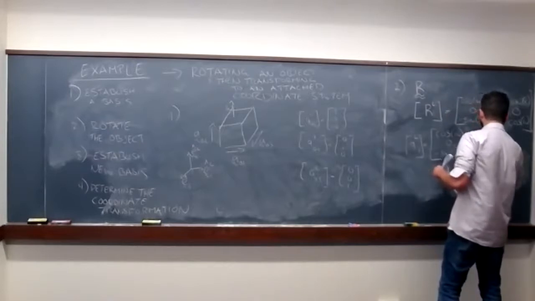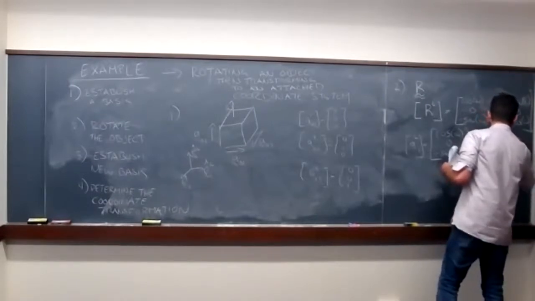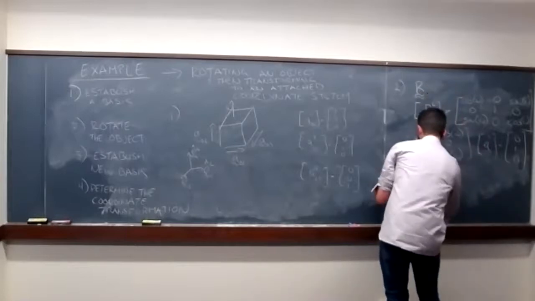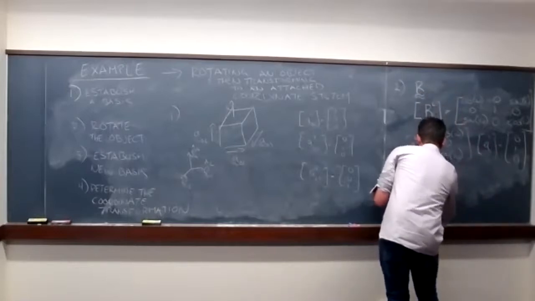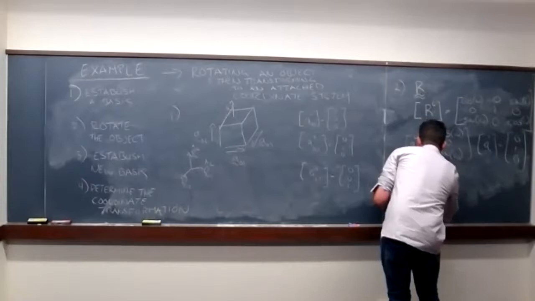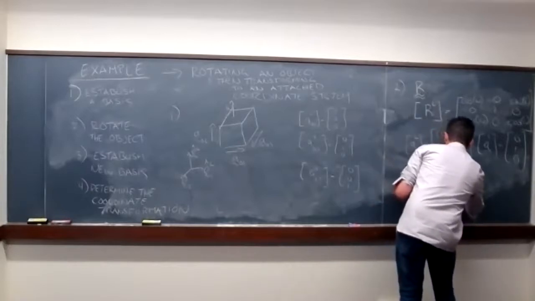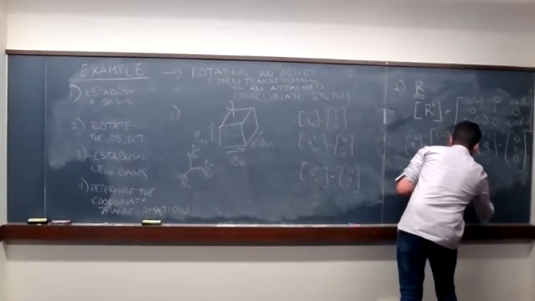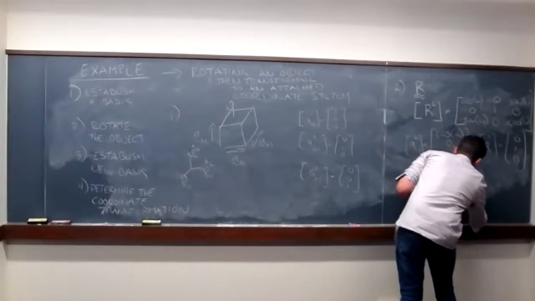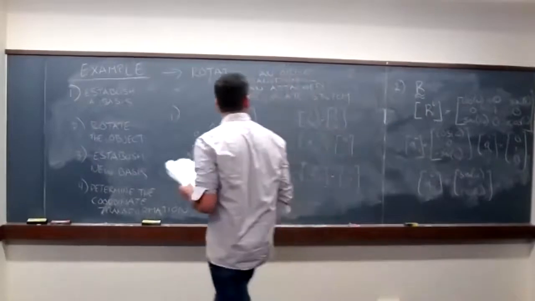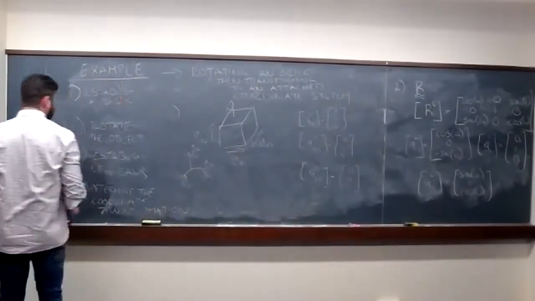A2 is 0, 1, 0. And A3 in the lab frame is equal to sine omega, 0, cos omega. So I've now rotated the object.